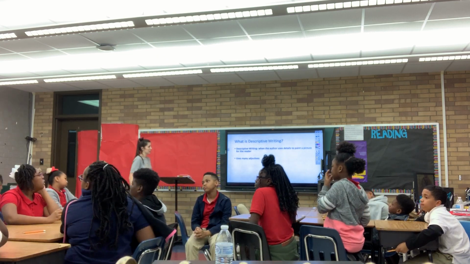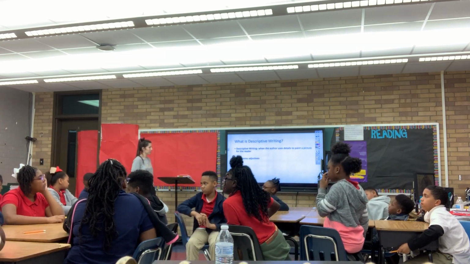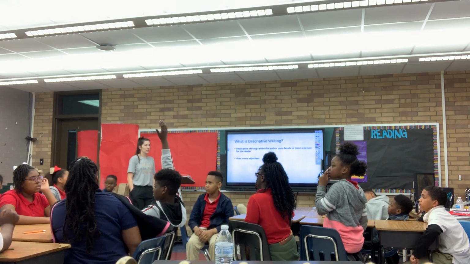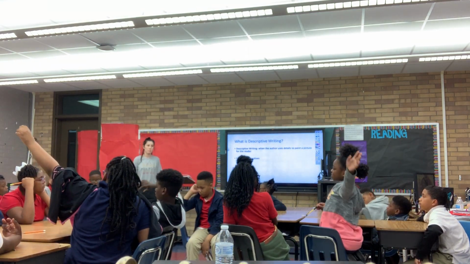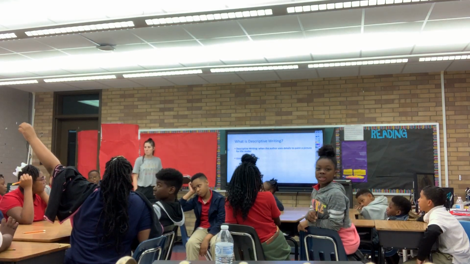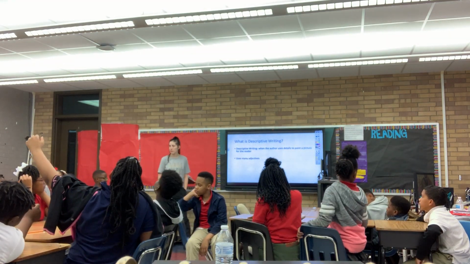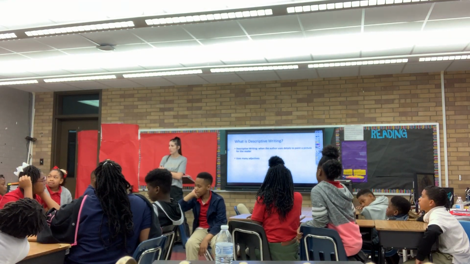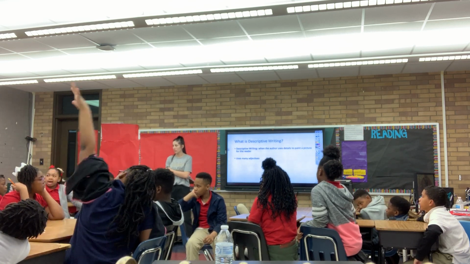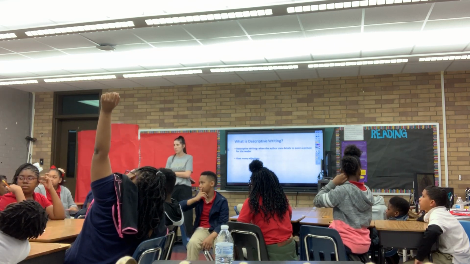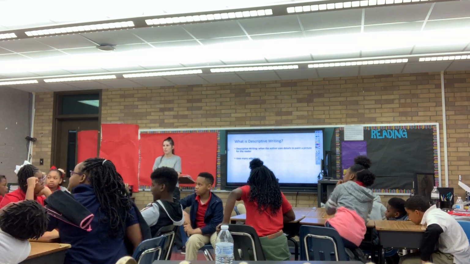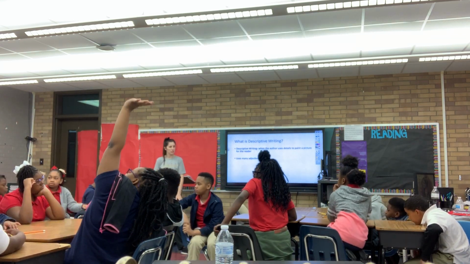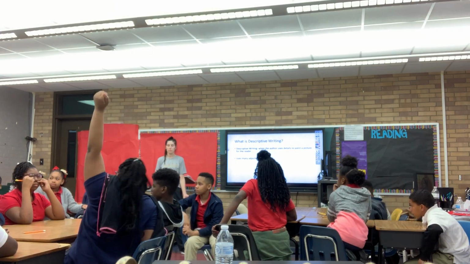and that's descriptive writing. So descriptive writing, can somebody tell me what descriptive writing is? It kind of says it in the name. What do you got, Mackenzie? That's right. So it's really detailed. She said detailed. So you're going to use a lot of details. You're going to paint a picture for the reader.